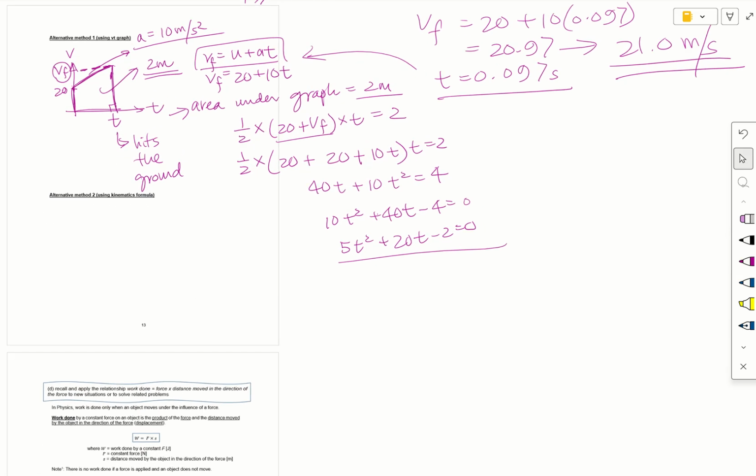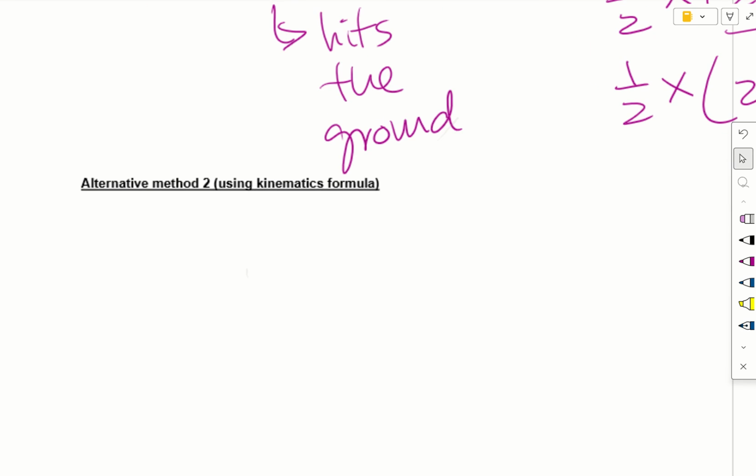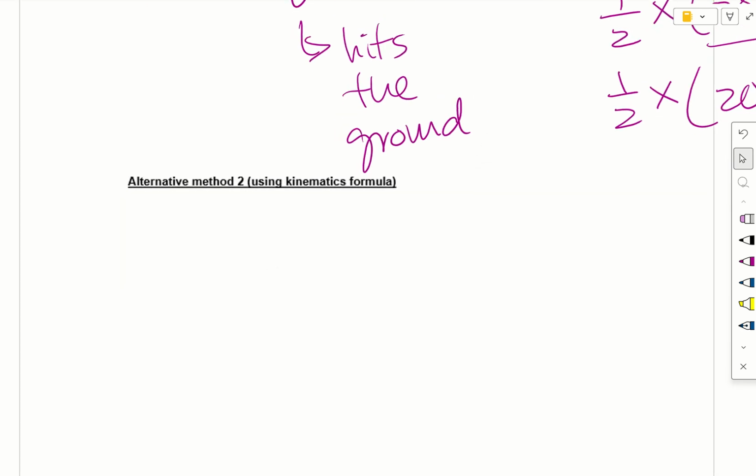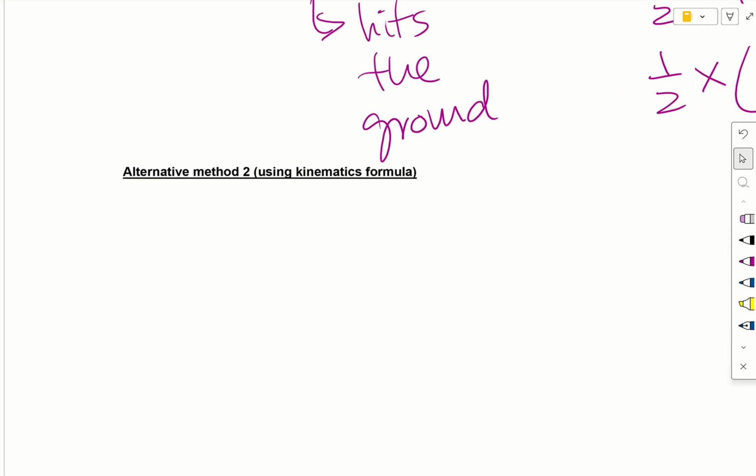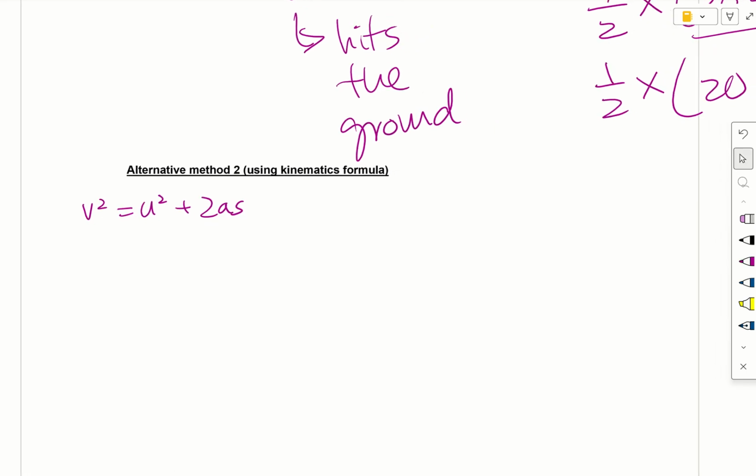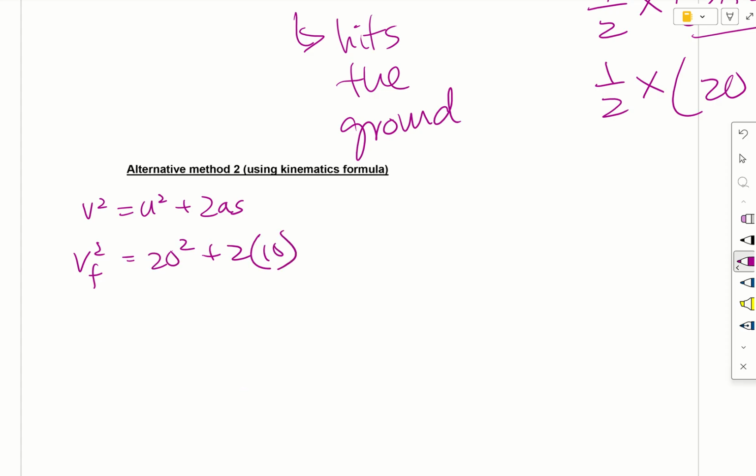Now how about we use a kinematics formula? What are the kinematics formulas that we can use? We have v squared equals u squared plus 2as. Let's see if we can solve this. So v squared is the unknown, right? u squared is 20 squared. 2, the acceleration is 10.